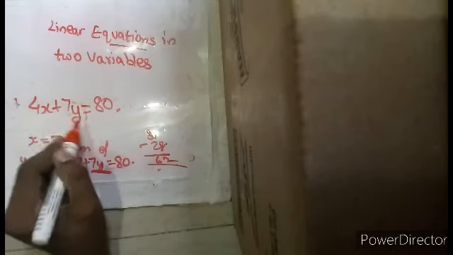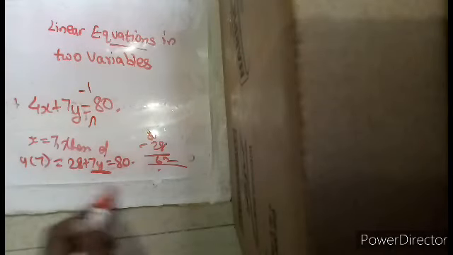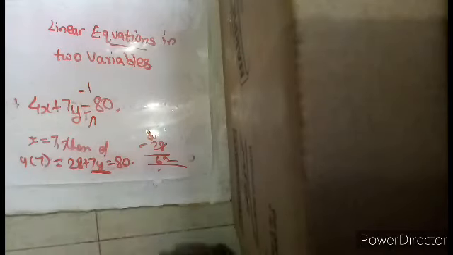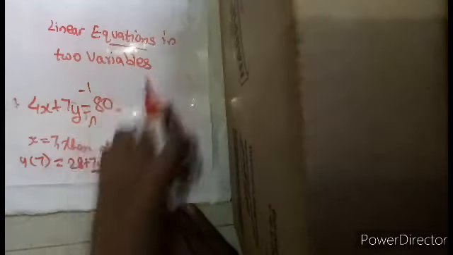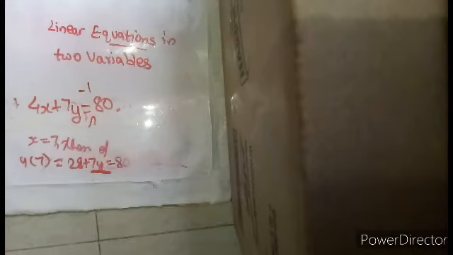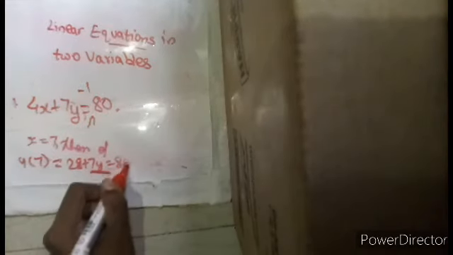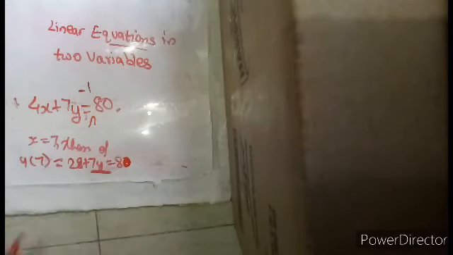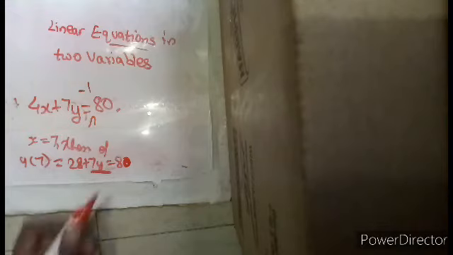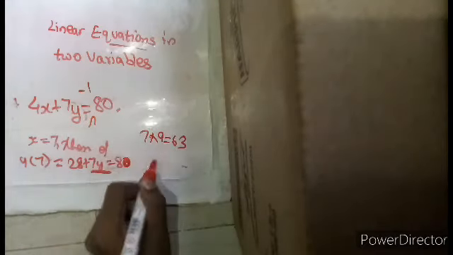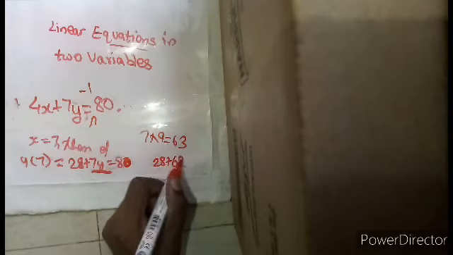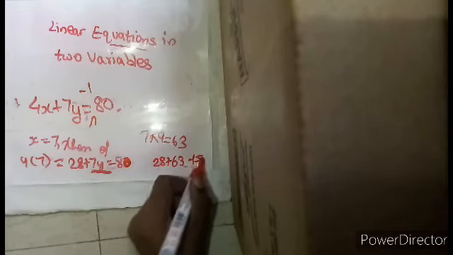If you get 63, then you can directly subtract, and you will get 80. You can make LHS is equal to RHS: 7 into 9 is 63, 28 plus 63 minus 1 is 90.